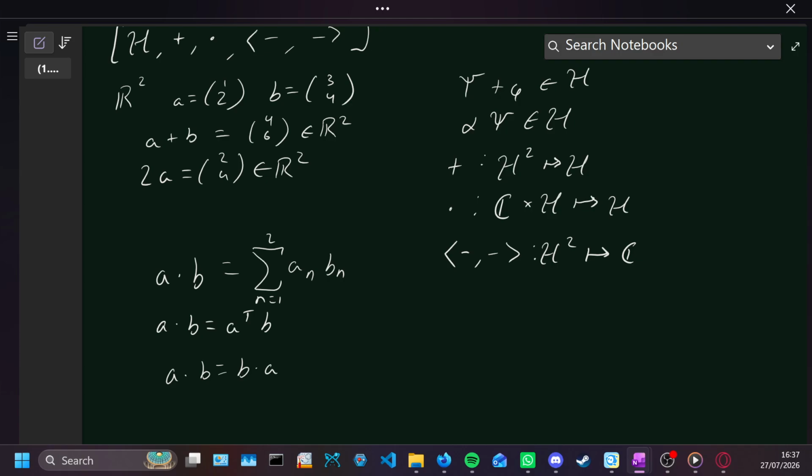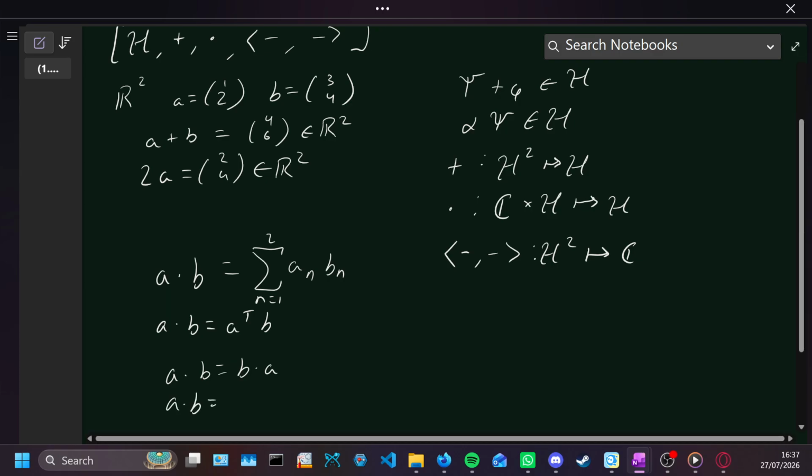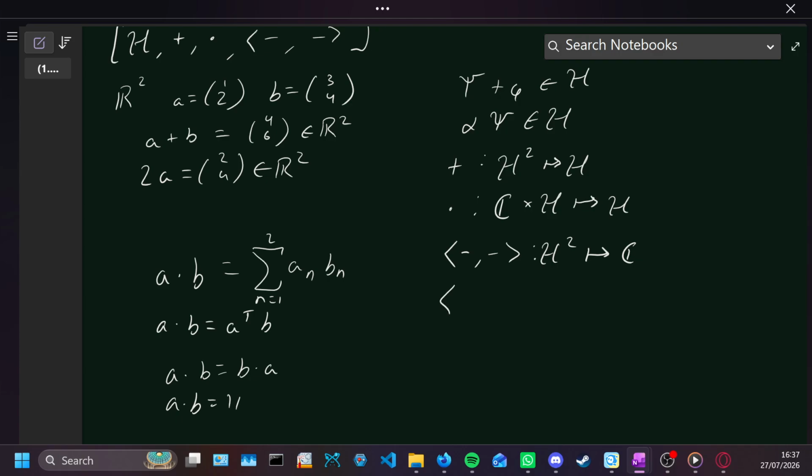A dot B spits out a real number, which is 11 in this case. While the dot product commutes, my generalized inner product is going to be anti-commutative, so if I swap the order around, I take the complex conjugate, which I write as a bar on top of my number.